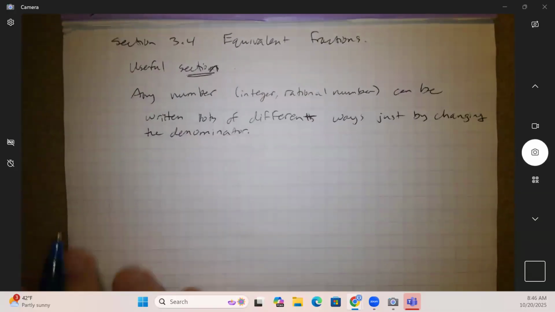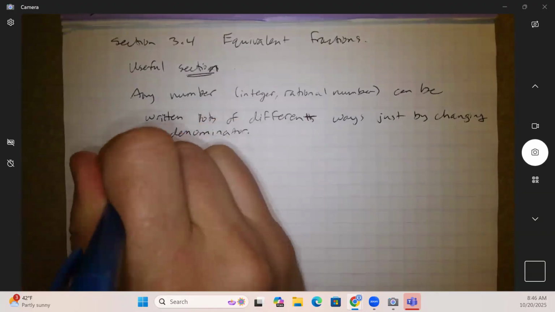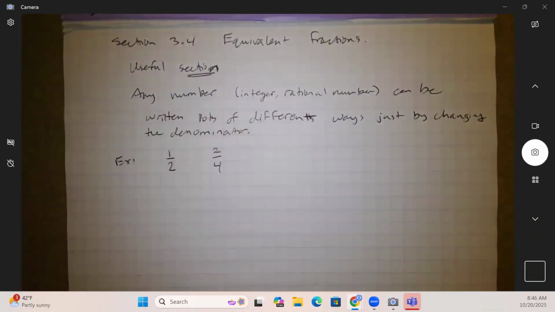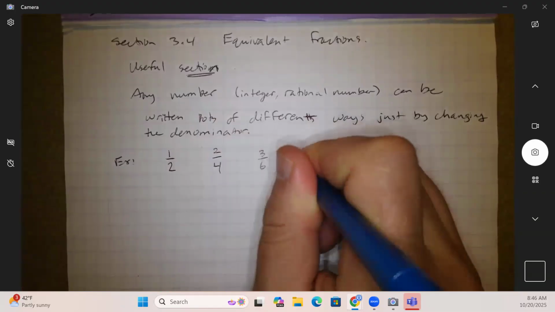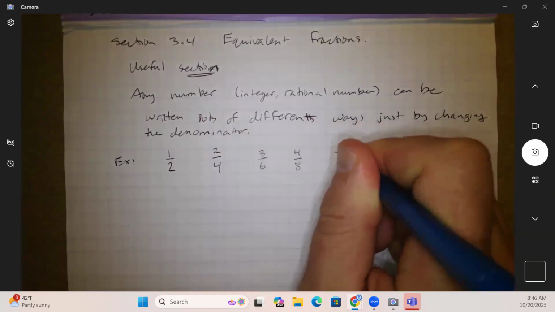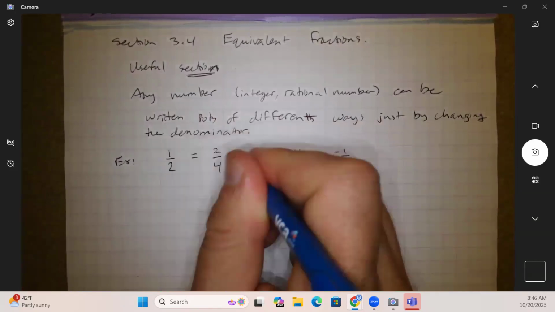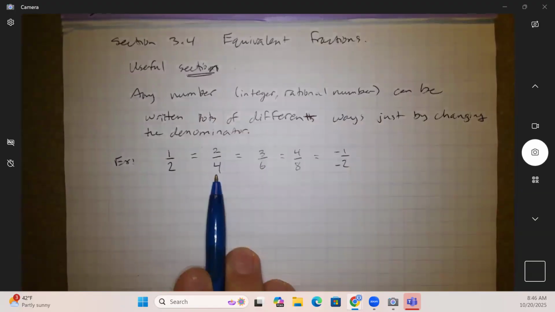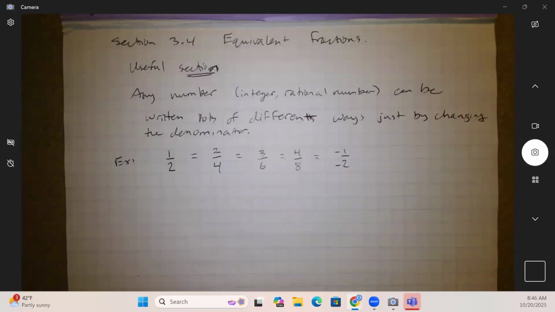And I'll give you as an example, the fraction 1/2. If I change the denominator, I could write it as 2/4, or 3/6, or 4/8, or -1 over -2. These are all the exact same number, and I get it just by picking a different denominator and then forcing the numerator to match.